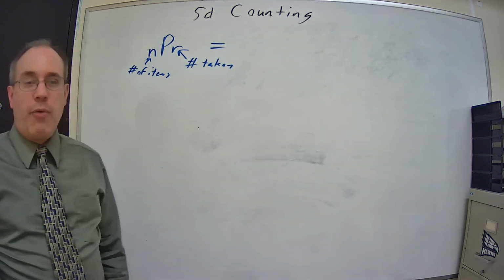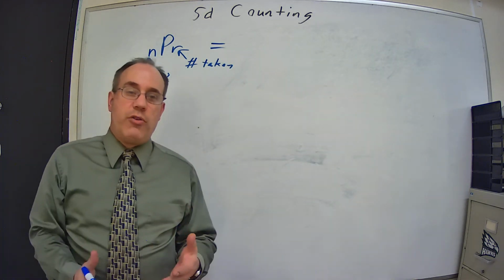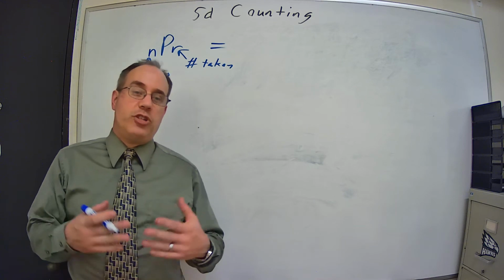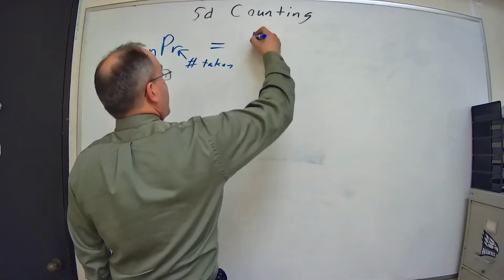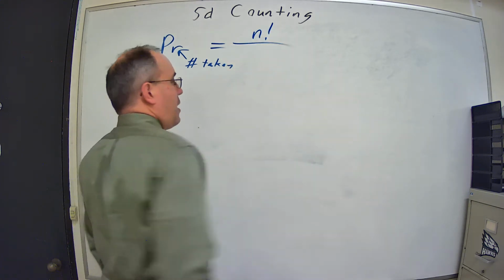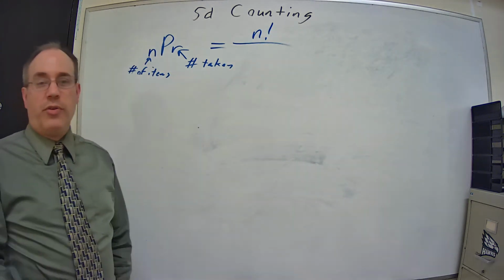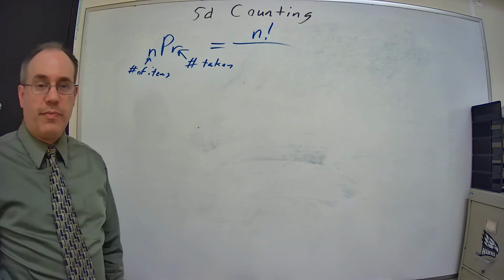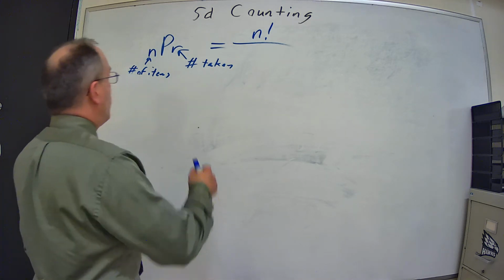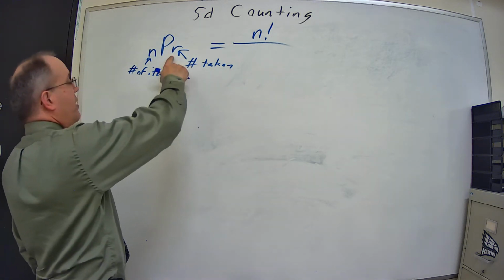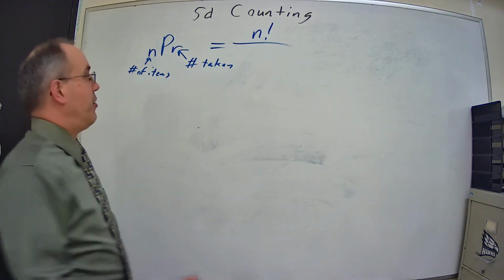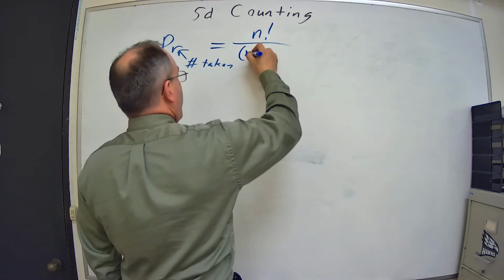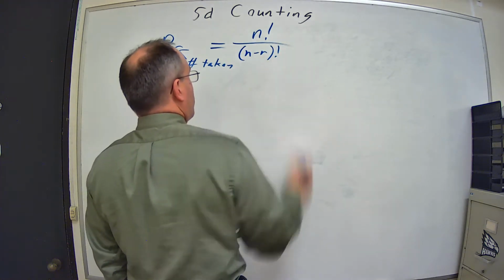So how do we do that? Well, we always start with how many ways can we arrange everything. So that's n factorial. And then we divide out what we don't care about. Well, if we're only taking r of them, then the difference between n and r are the ones that we don't care about. So n minus r factorial.